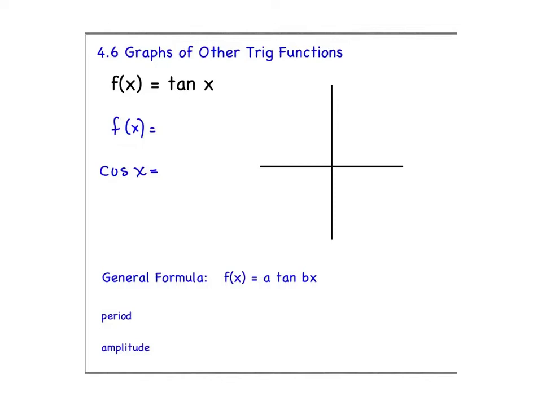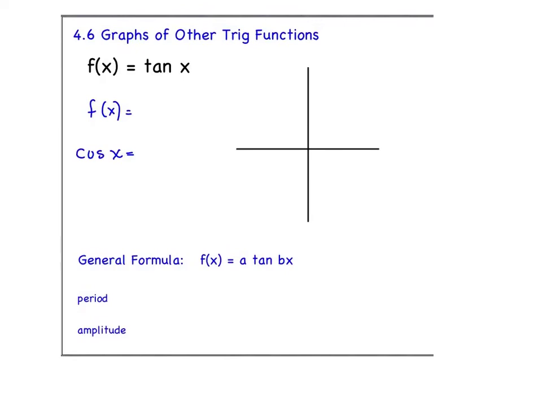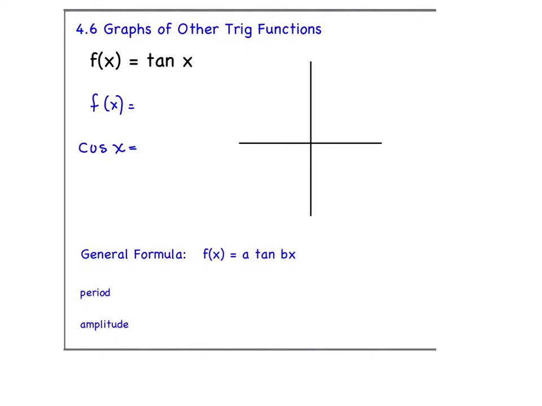Remember, the quotient rule says that the tangent is the sine of x, just an angle, over the cosine of x. Okay? And because that is division, we know that the cosine of x cannot equal 0.